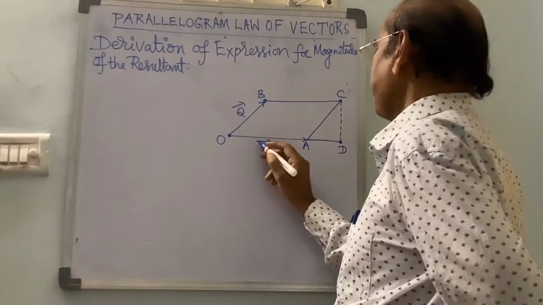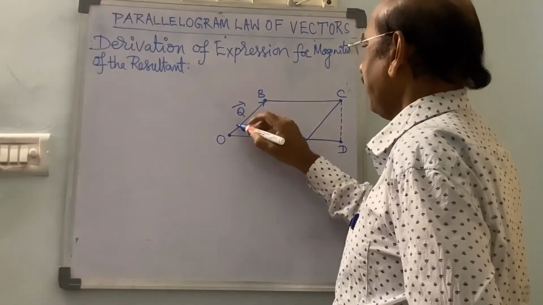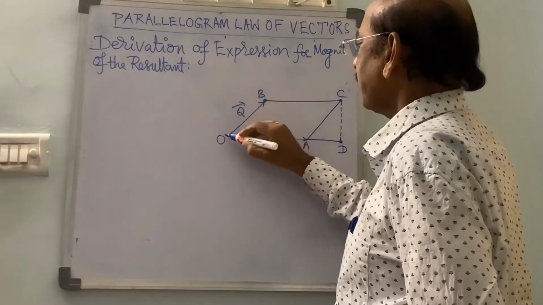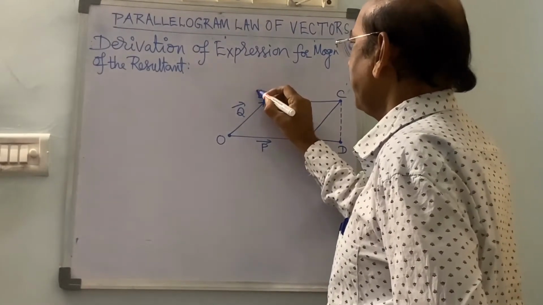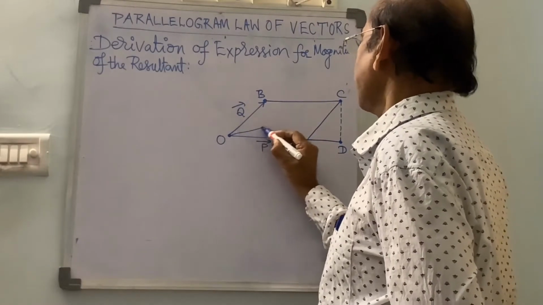Let P bar represent the first vector OA bar and the second vector be Q bar, represented by OB bar, and let the angle between them be theta degrees.